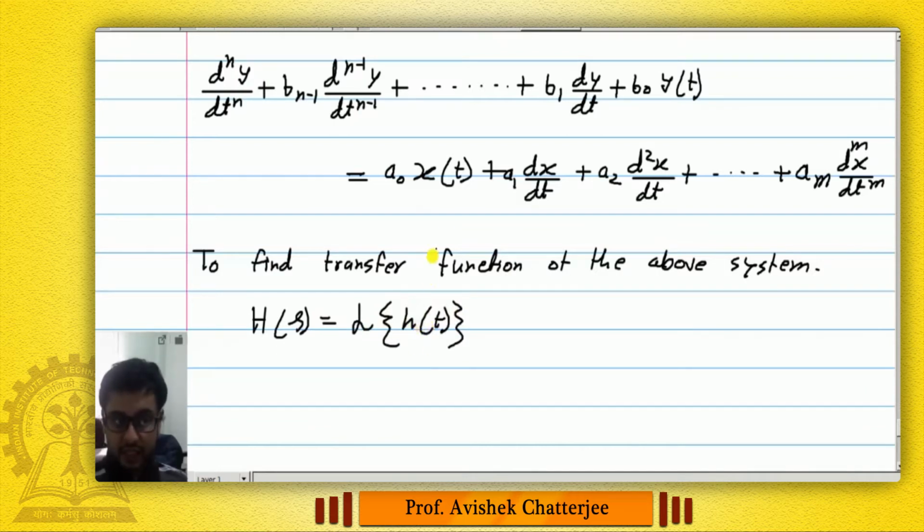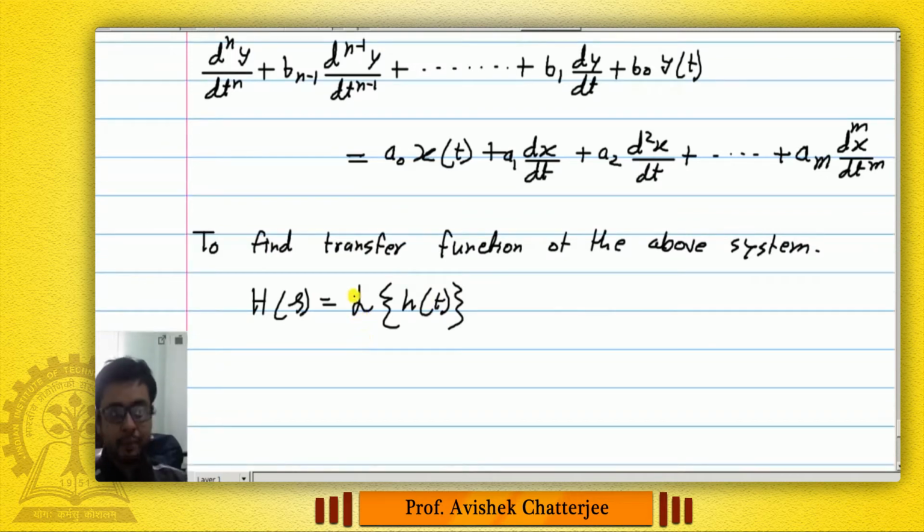For that you have to set the input x to be delta function delta(t) under relaxed condition, and then you have to calculate the output, that is by definition h(t), and then you can take Laplace transform. That is one way, but a simpler way to do this is as follows.